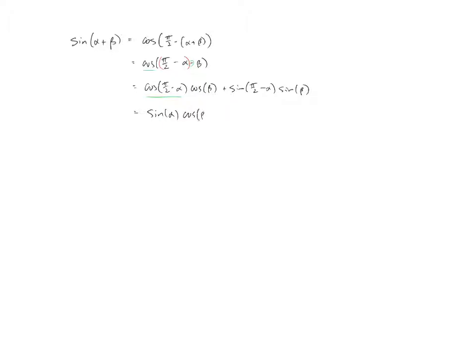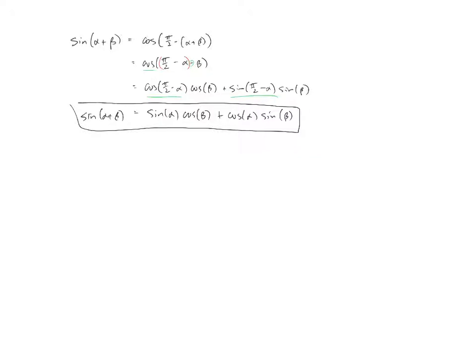We have our cosine beta plus, and the sine of pi over 2 minus alpha would be another cofunction identity, leaving us with cosine of alpha followed by sine of beta. So sine of a sum, alpha plus beta, is sine of alpha cosine beta plus cosine alpha sine beta.